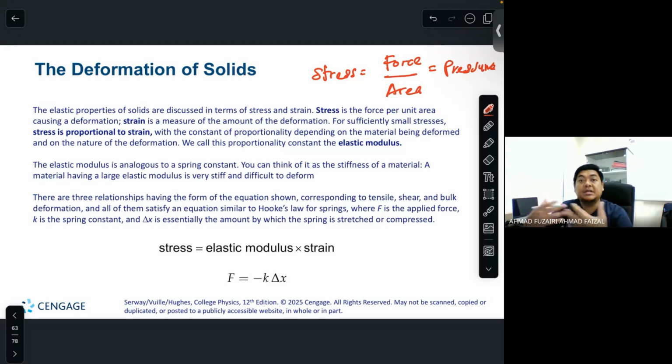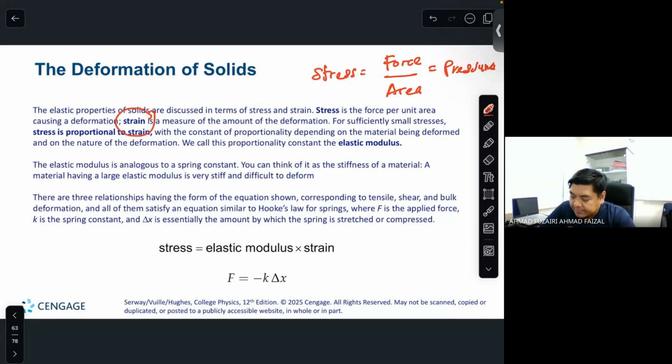It changes a little bit the properties of the solid, something related to length, area, and also volume. So a little change in that solid is what we call solid deformation. The change in the solid itself is what we call strain.